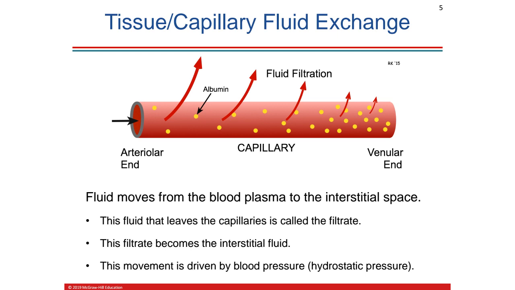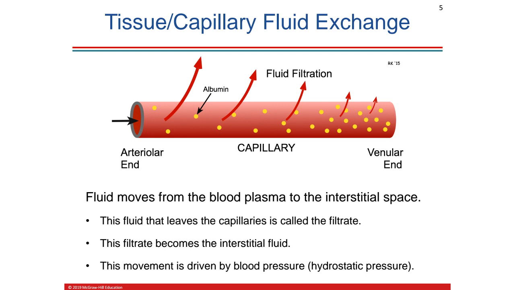As this occurs, there is loss of fluid via a process called fluid filtration across the walls of the capillaries. Recall that most of the capillaries in your body do have some small clefts between the cells. Even in capillaries that have tight junctions, often there are small areas where there are little pores or clefts between the endothelial cells.